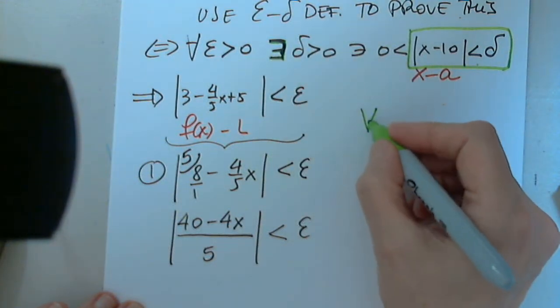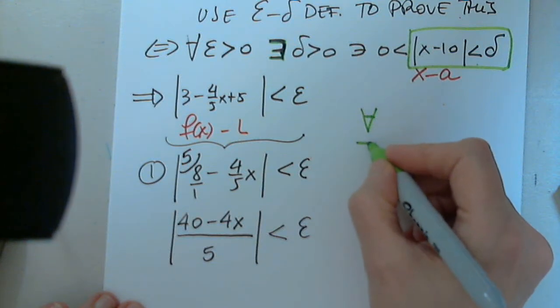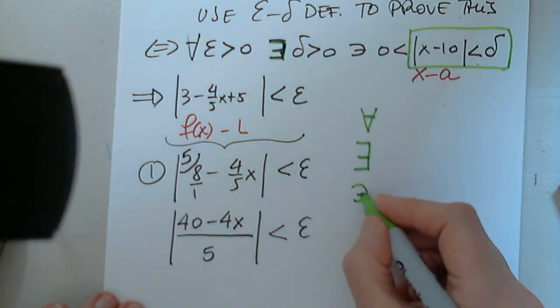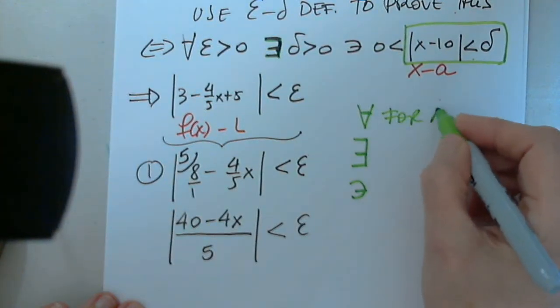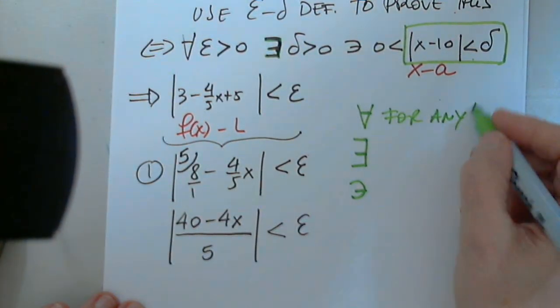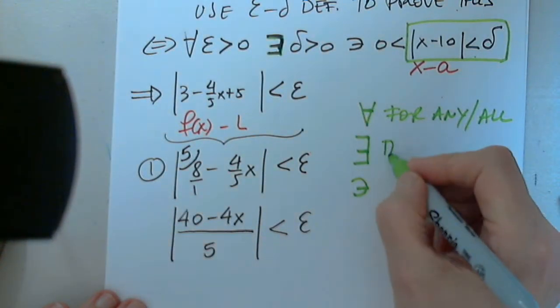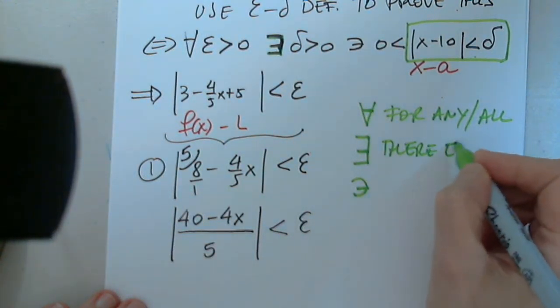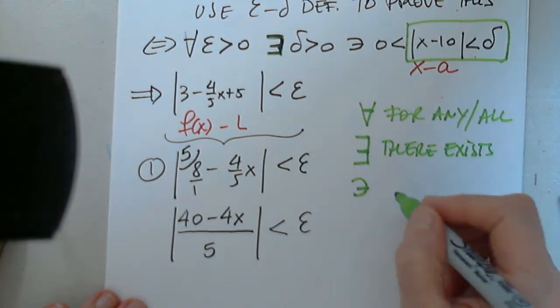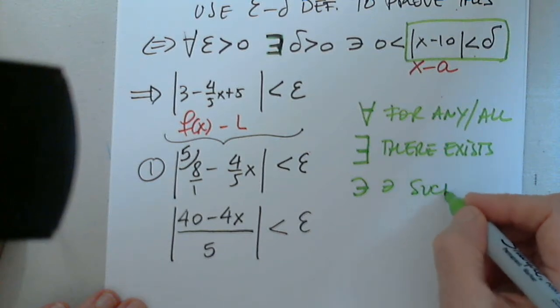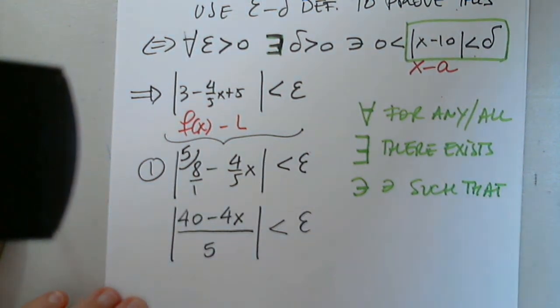So we have for every, there exists, and such that. Oops, look, I put it twice.